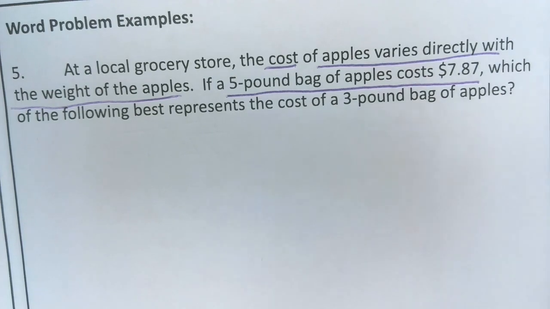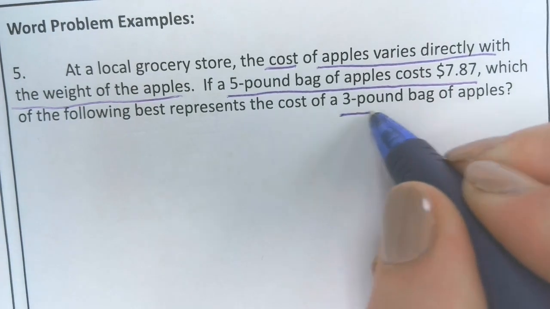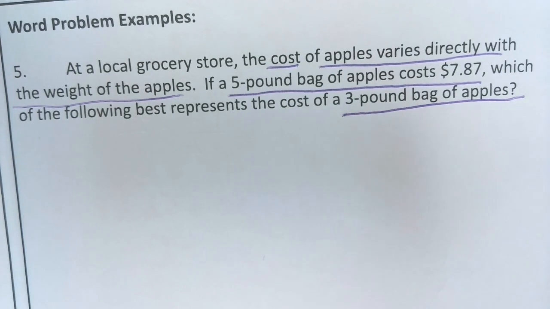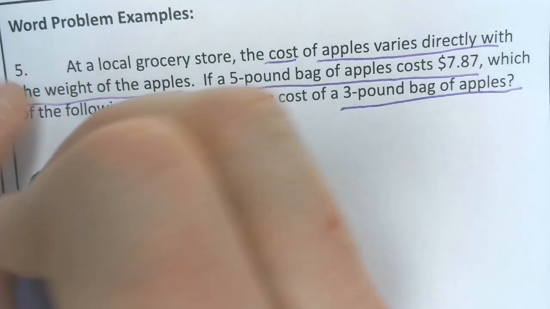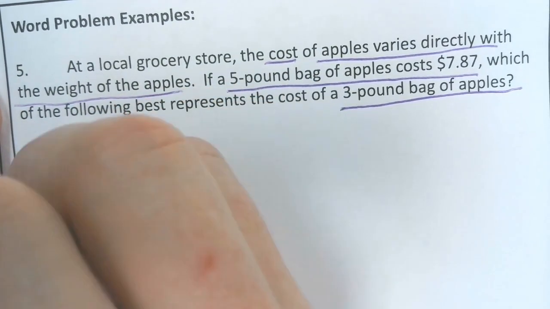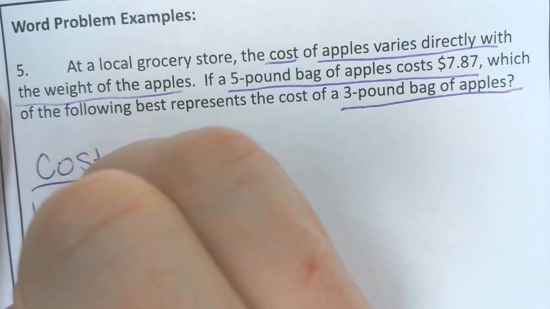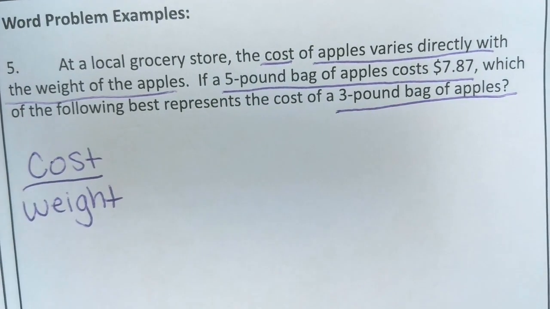Which of the following best represents the cost of a 3-pound bag, if they're the same? So it says cost varies directly with weight. So that means I'm going to put cost over weight. So you need to set up and solve a proportion. So if the first fraction is cost over weight, the second fraction is also cost over weight.